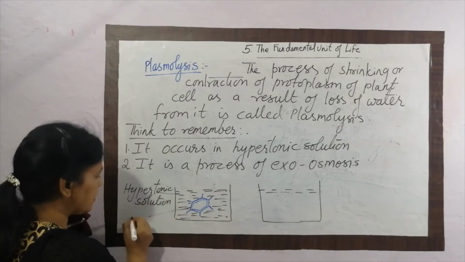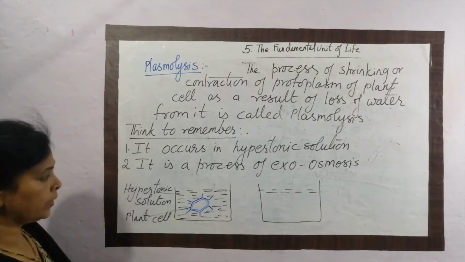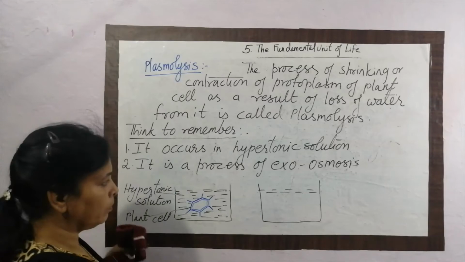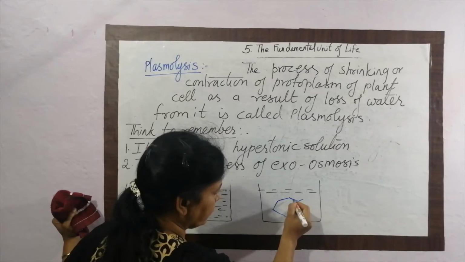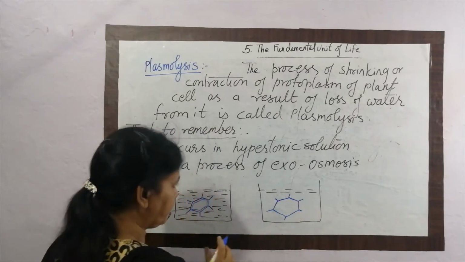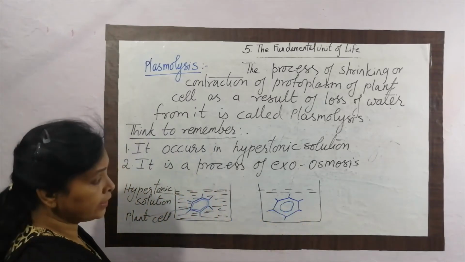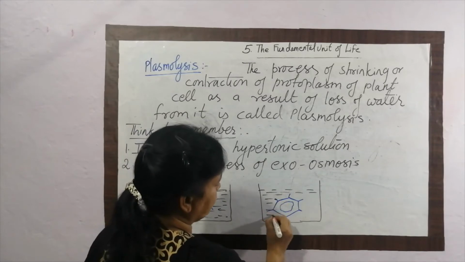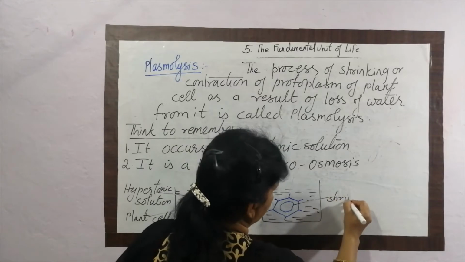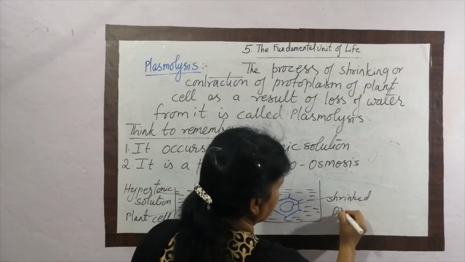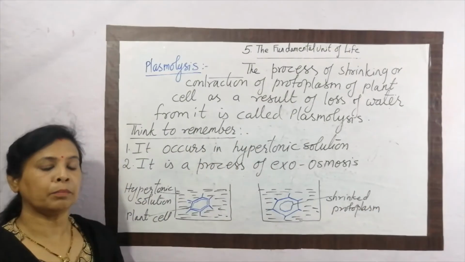And this is simply the cell, a plant cell. A plant cell from the Rheo leaf, it is also there. If we keep it for some time, what happened? The protoplasm of this cell shrinks and it is clearly visible in the microscope. Okay, and this process is called plasmolysis.